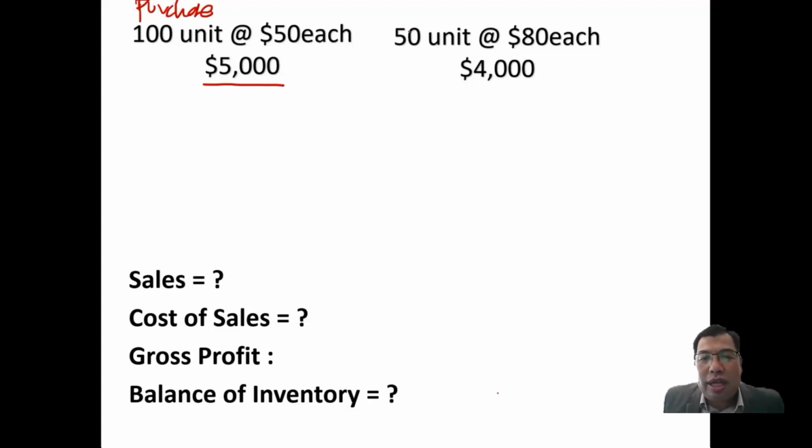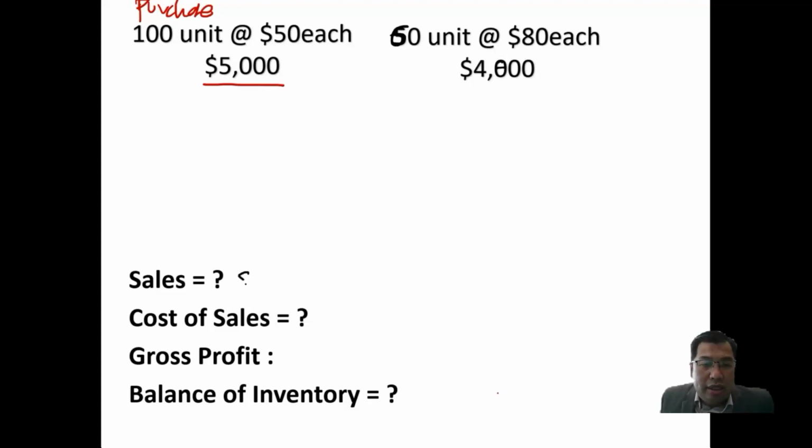So I managed to sell not 50, but 60 units of the workbook to my students. The question is, so what is the value now? 60 times 80 is going to be 4,800. What is my sales figure?